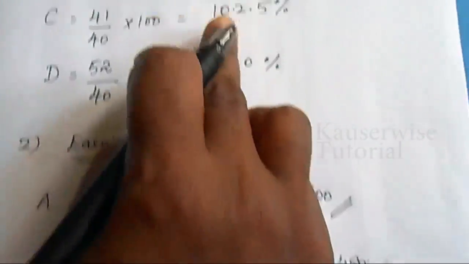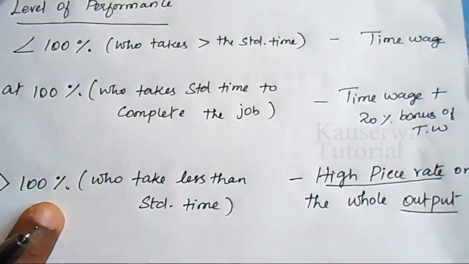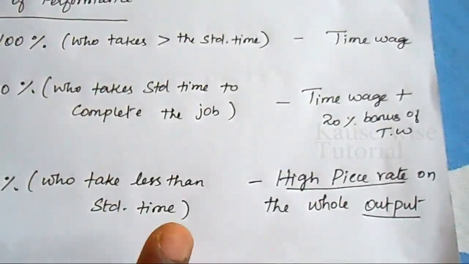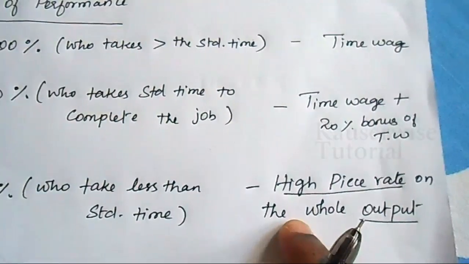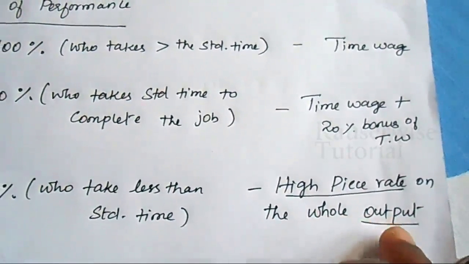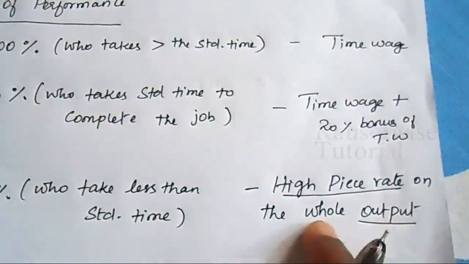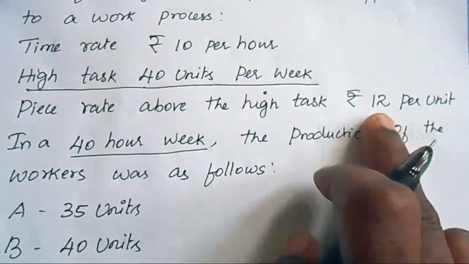C's performance is 102.5 percentage. If the employee's level of performance is greater than 100 percentage, he won't be getting any time wage, but he will be getting the high piece rate on the entire output produced by the employee. So high piece rate into number of units produced. What is the high piece rate given in the problem? 12 rupees per unit.